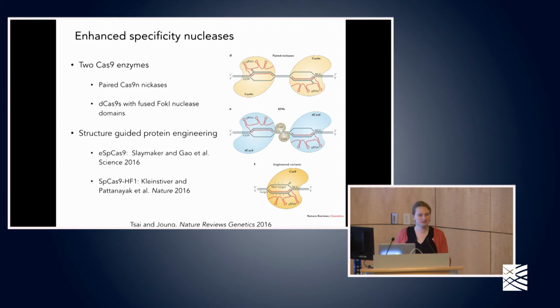Yes, question? Do both Cas9s recognize a single PAM, or do there have to be two PAMs? Oh, I see. Yeah, that's a good question. So the question was, do the Cas9s need to recognize the same PAM, or do they need to recognize different PAMs? I believe the one that we used recognized the same PAM, but it would just target two different sequences.